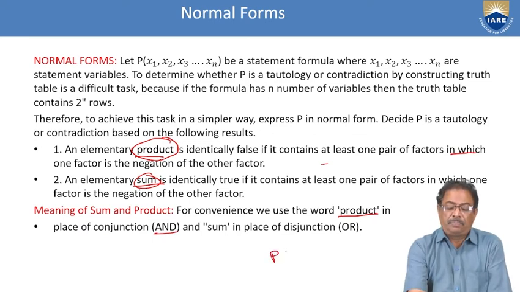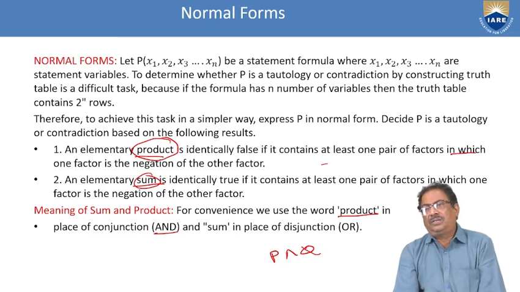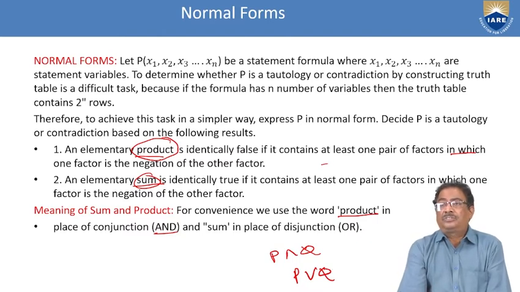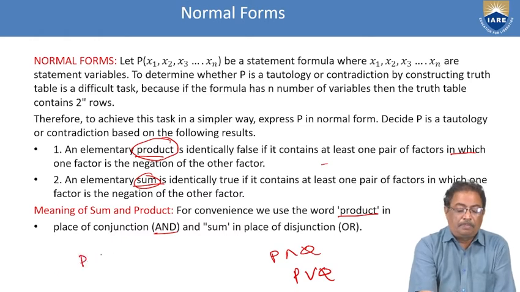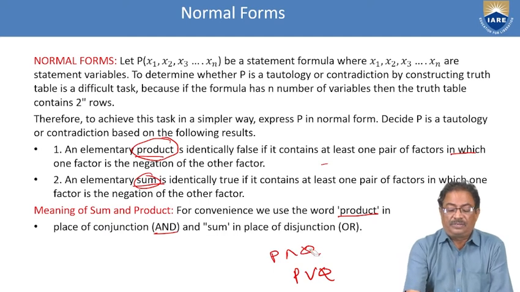So I am saying P and Q. In these two propositions, there will be a conjunction, so I can call this the product of P and Q. If I am taking P or Q, then it is the sum of P and Q. Right now I am concentrating only up to this; afterwards, we are going to go to the next level.